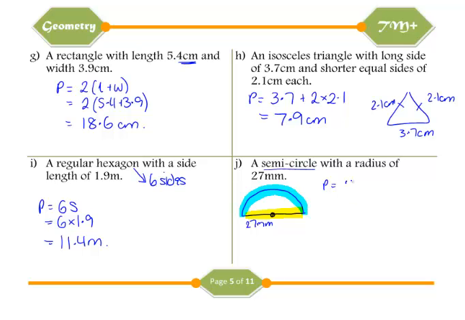So 2 times pi times 27 gives me the whole circle, divided by 2 gives me half the circle, and then I need plus 2 lots of 27. That cancels there. So I have 27 pi plus 2 lots of 27 is 54. And plug that in a calculator, you get approximately 138.8 millimetres.